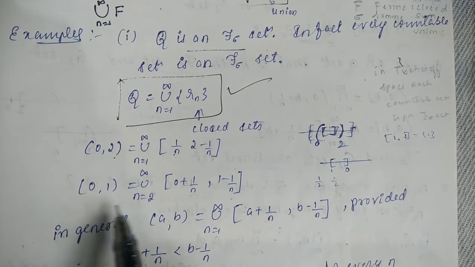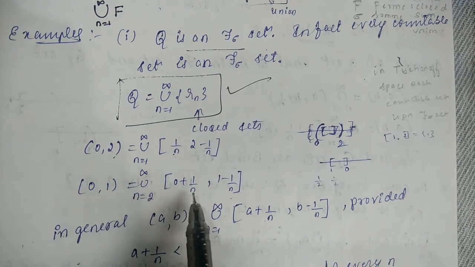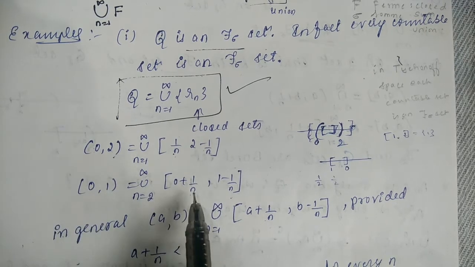The interval (0, 1) is also an F sigma set; here n varies from 2 to infinity. Why? If you consider n equal to 1, then it becomes 1.